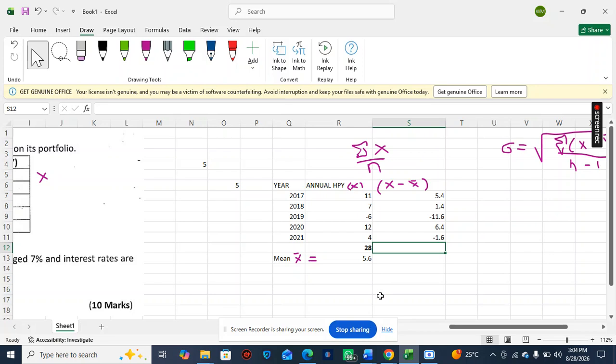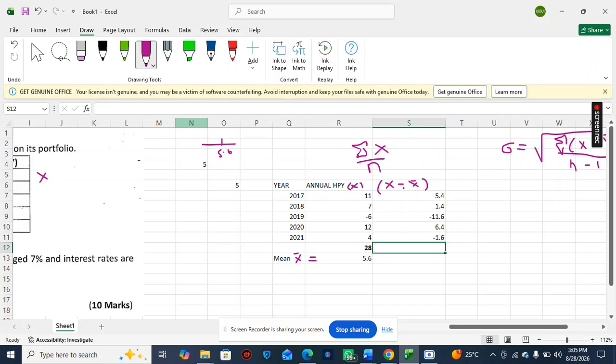The negative means it's to the left of the average. Think of the average, this 5.6, as being in the middle. The negative values are to the left. The positive values are to the right. These are what we call our deviations: how far each return is from the mean.